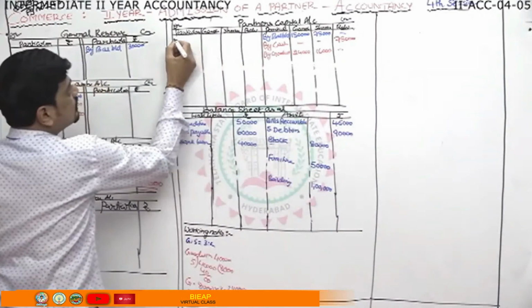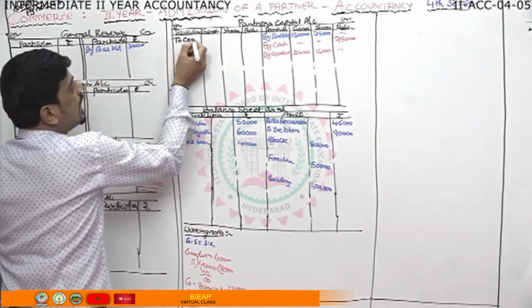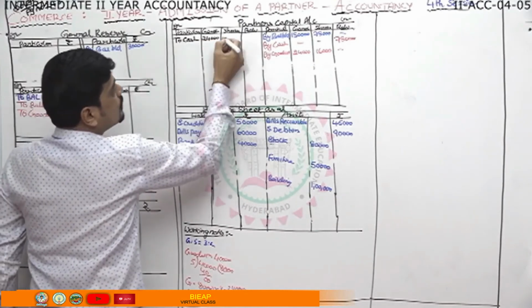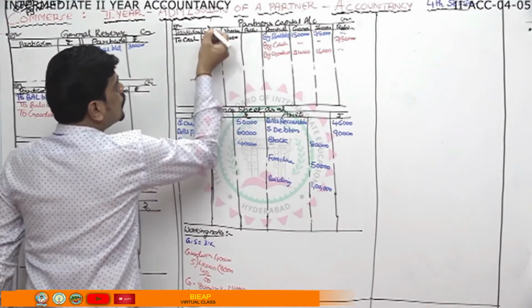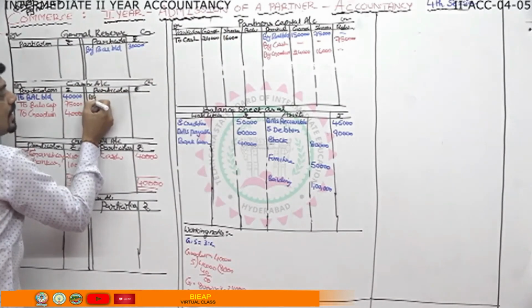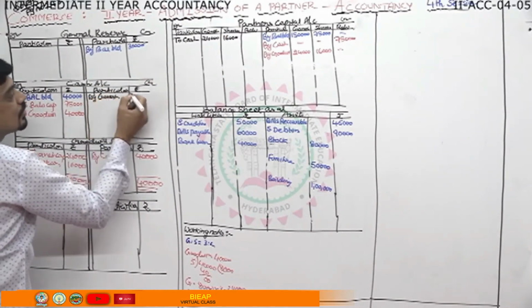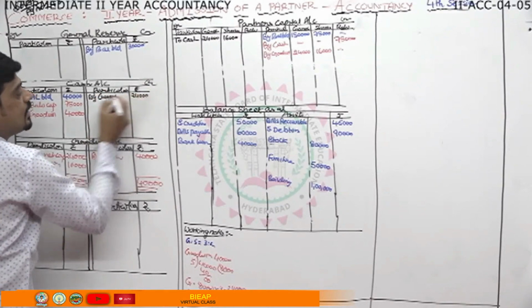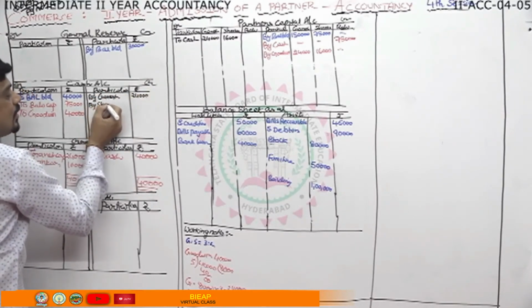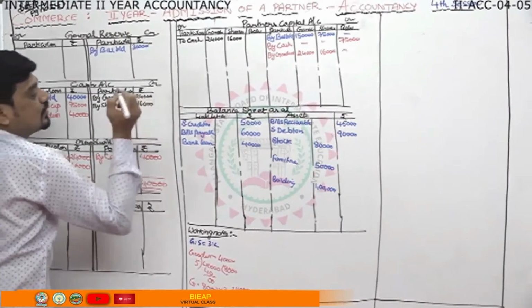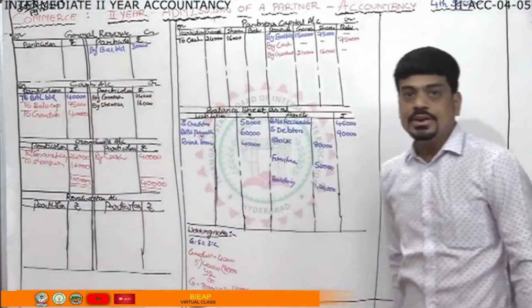So debit side to cash. Keep in mind, Ganesh's share was 24 and Shankar's was 16. So in the cash account, credit side, by Ganesh 24,000, by Shankar 16,000. This is goodwill withdrawn.